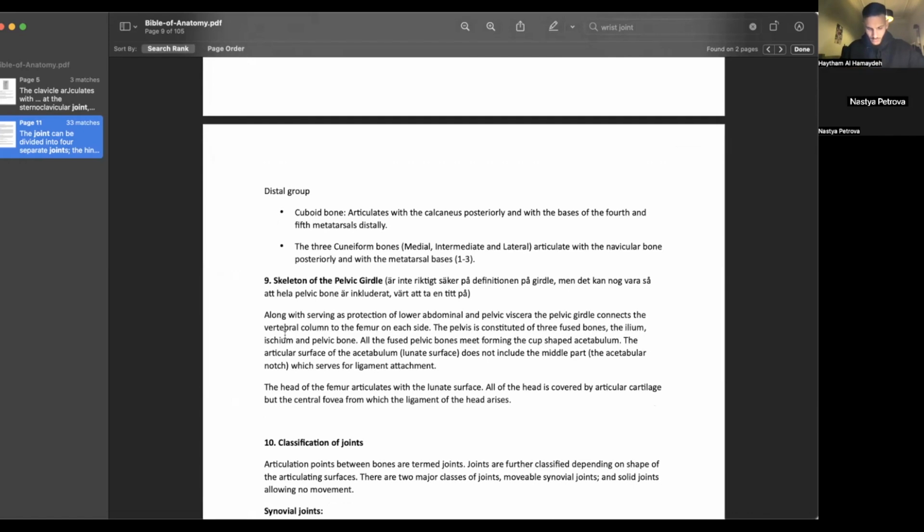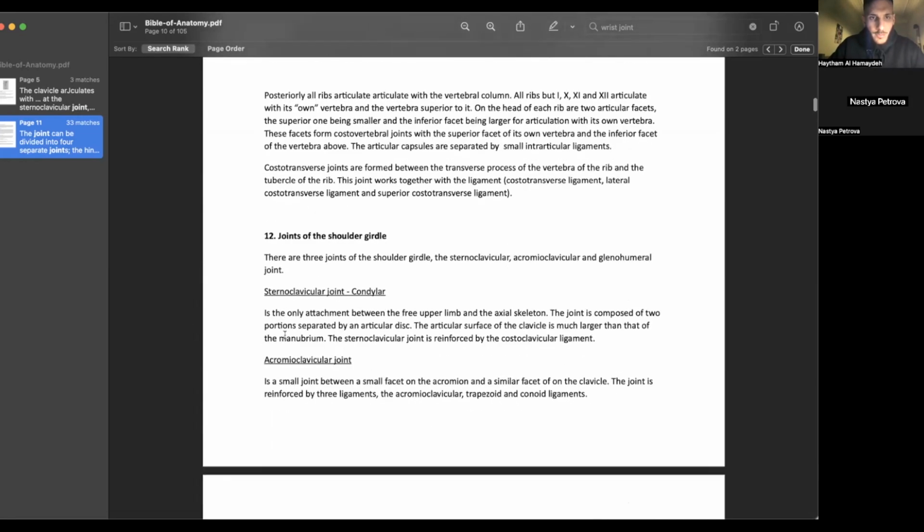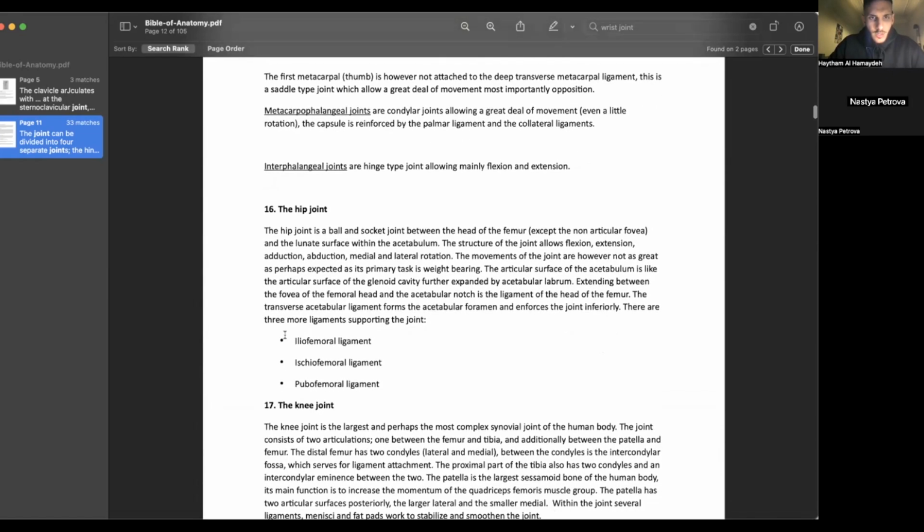Classifications of the skull bone, bones of the cranium, nasal cavity, unpaired bones, skeleton of the shoulder girdle, orbital cavity, paired bones, rib cage, joints of the foot, foot bones, the ribs, joints of the skull, hip joints. Yes, the hip joint is actually nice. I like it. Hip joint, okay. Easy.